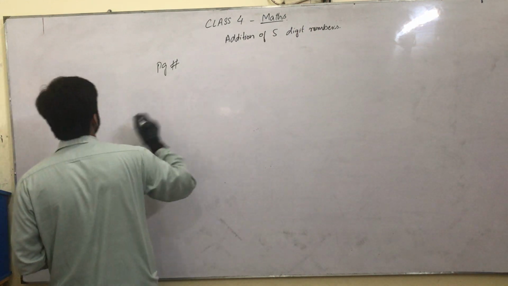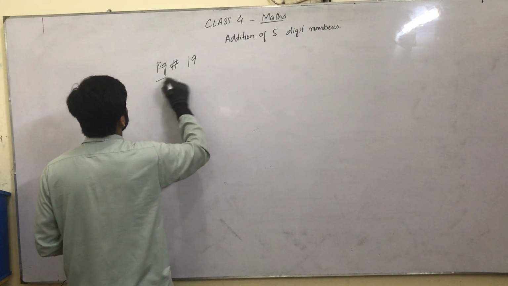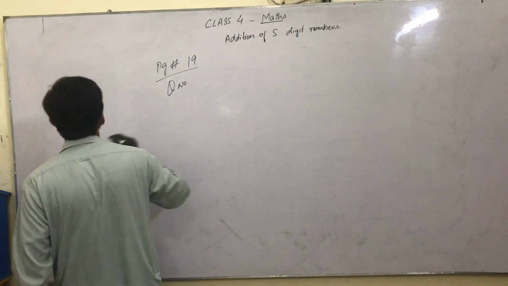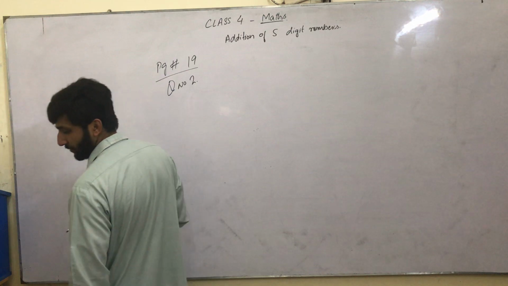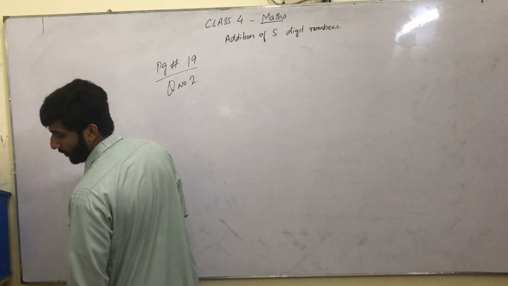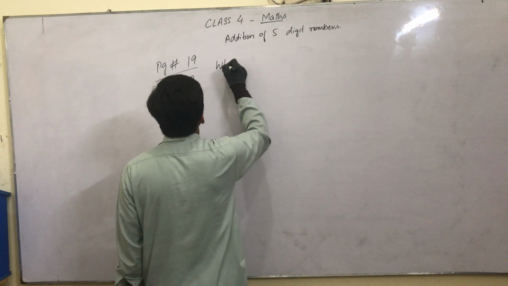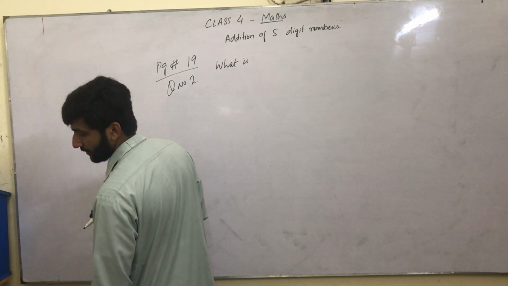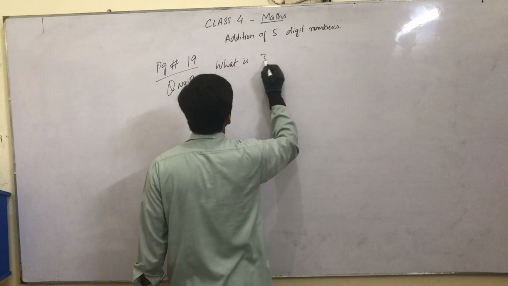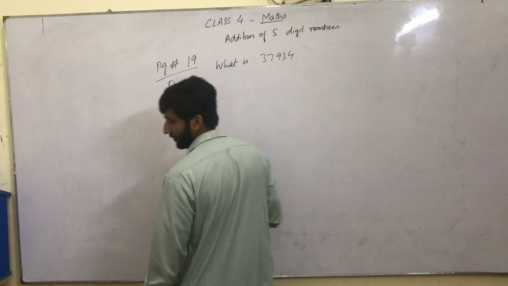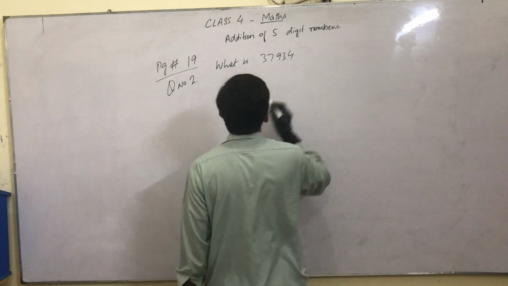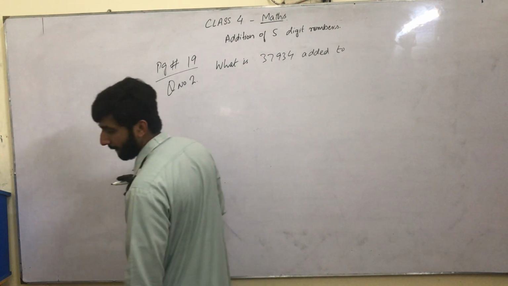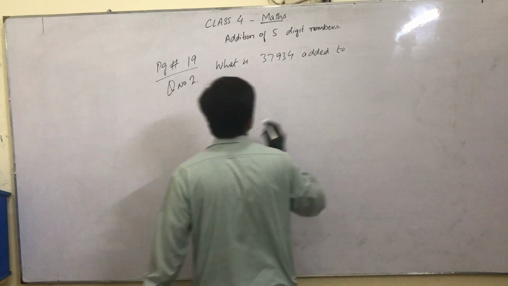Page number 19, question number 2. The statement of the question is, what is 37934 added to 86008?